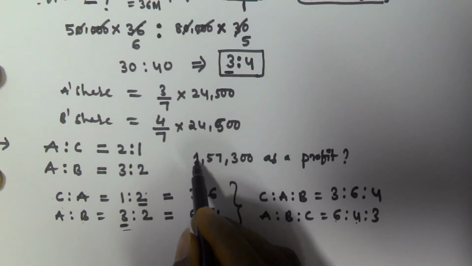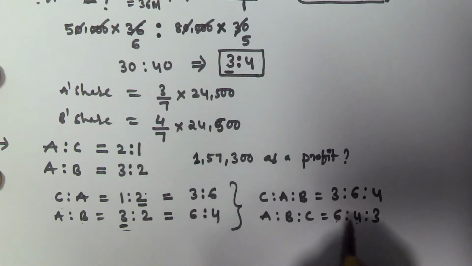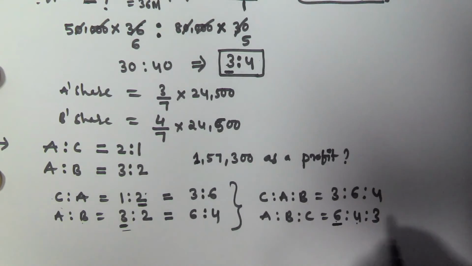So now we divide whatever profit they got into 13 parts. Out of 13 parts A got 6.